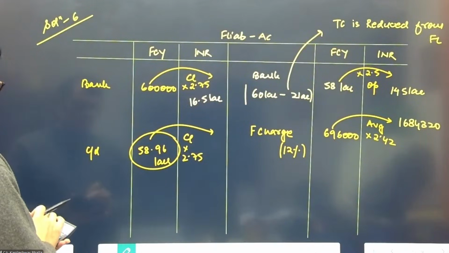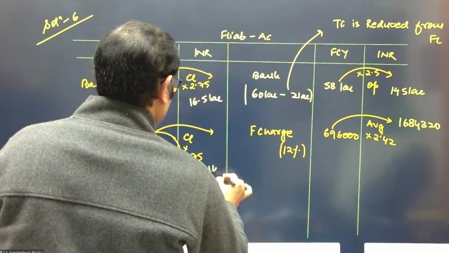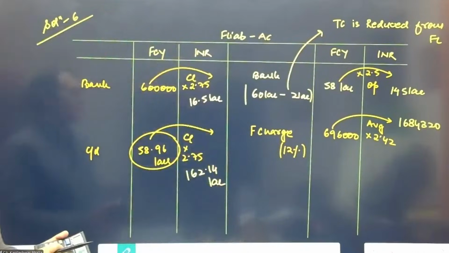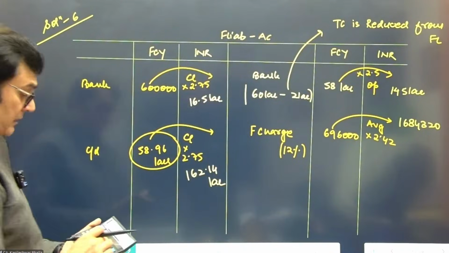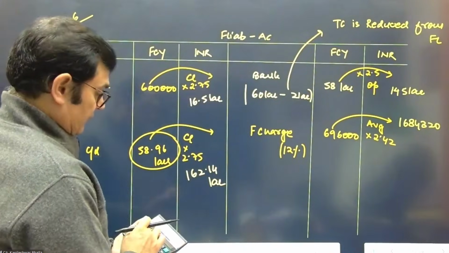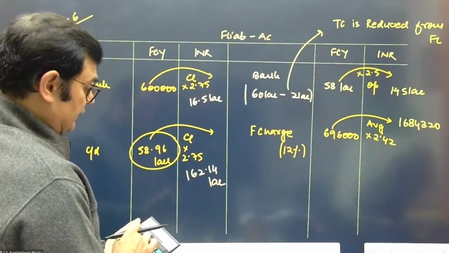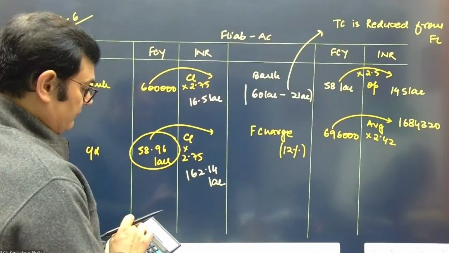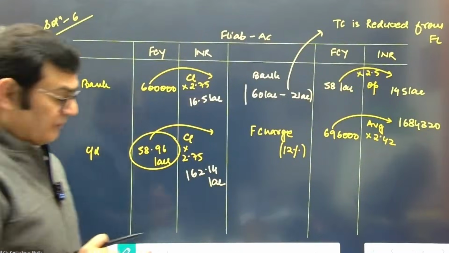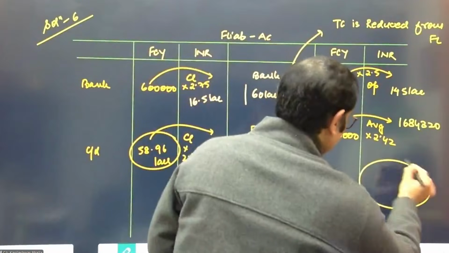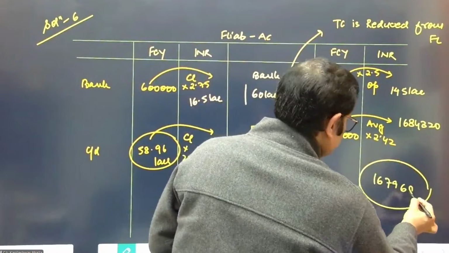And this is going to be 162.14 lakhs. So we can see the balancing figure in this that will be taken in the P&L. So 145 lakhs, 16,84,320, 16,50. I guess we are getting a balancing figure on this side. This is coming to 16,79,680.